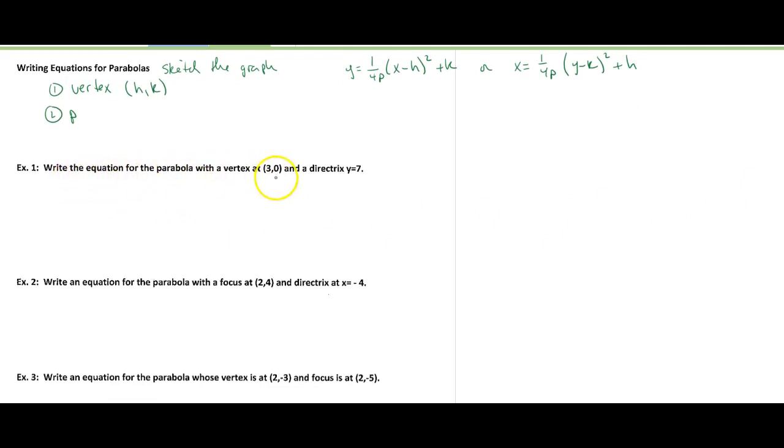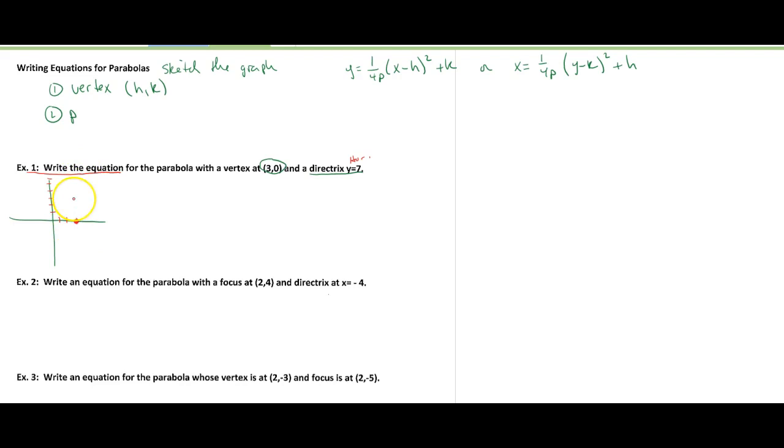Write the equation for the parabola with vertex at 3, 0 and the directrix at y equals 7. If I sketch this graph real quick, the vertex is at 3, 0, and the line of directrix, since it's y equals, is a horizontal line. So y equals 7, 1, 2, 3, 4, 5, 6, 7 is going to be right about here.